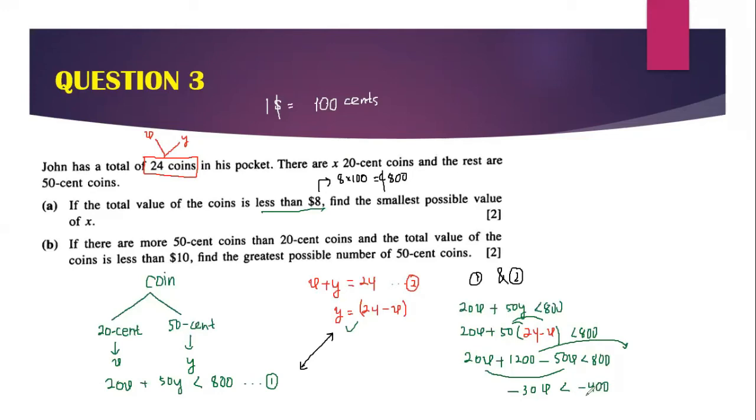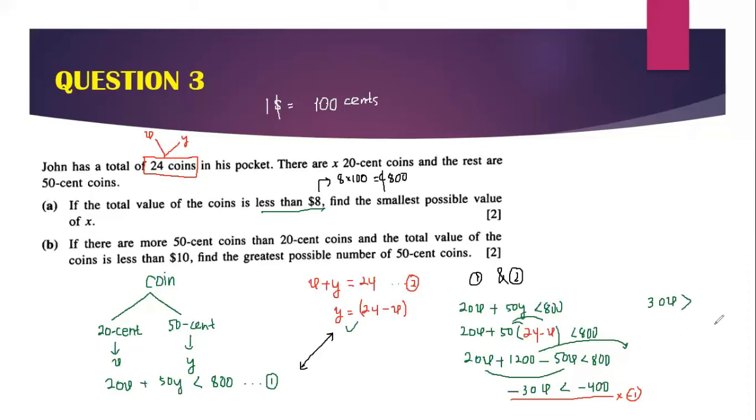Remember, for inequalities, you have to avoid the variable being negative. Avoid the X variable. So we multiply by minus 1. Minus times minus 30X, and minus times less than becomes greater than.